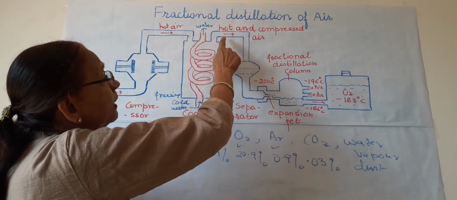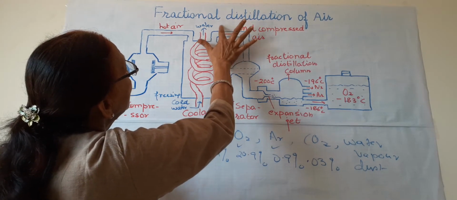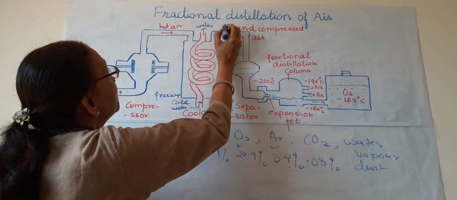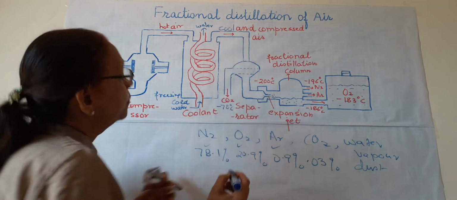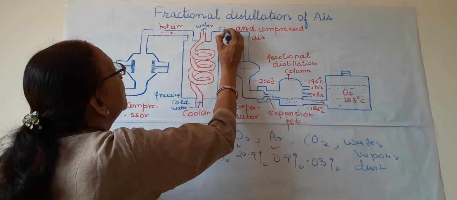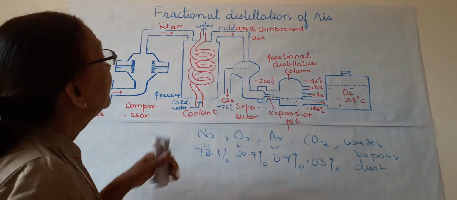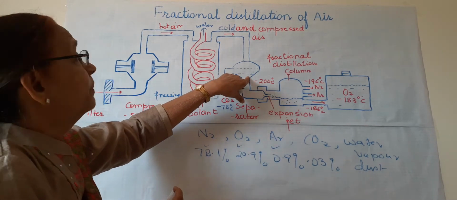Now the air should not be hot, it should be cool. Now the air is compressed as well as cold. This cold and compressed air is coming through this pipe into the next chamber.